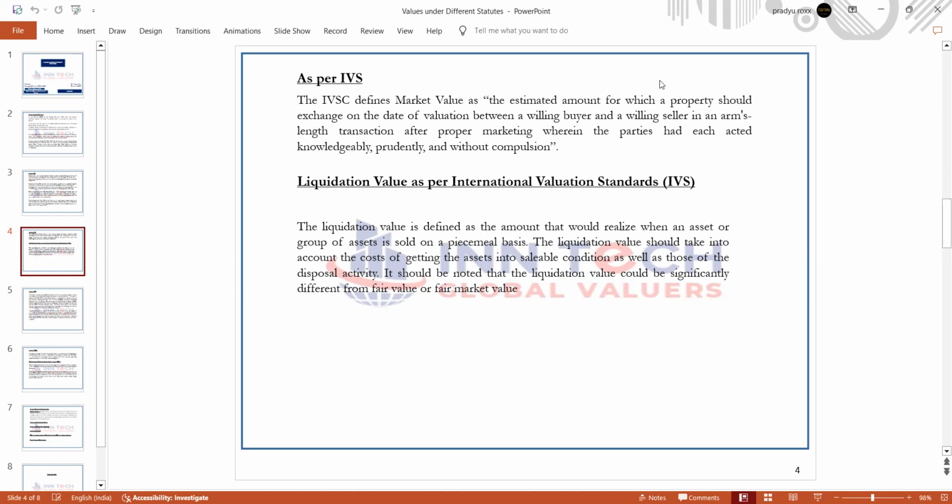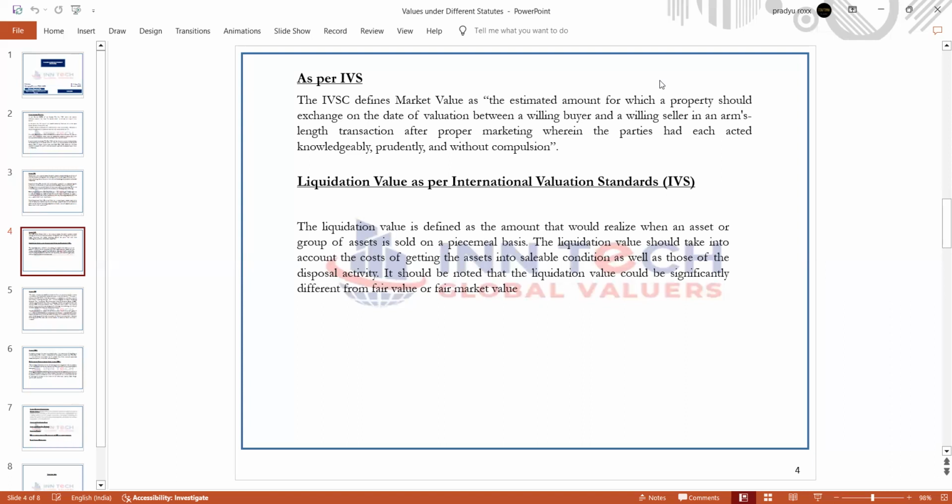The definition, if you see, is also the same: the estimated amount for which the property should be exchanged between a willing buyer and a willing seller. It is similar to the definition I told you, adopted by the IBA also. This is the market value definition as per IVS. Again, as per IVS, the liquidation value is the amount which would be realized when an asset or group of assets is sold on a piecemeal basis.